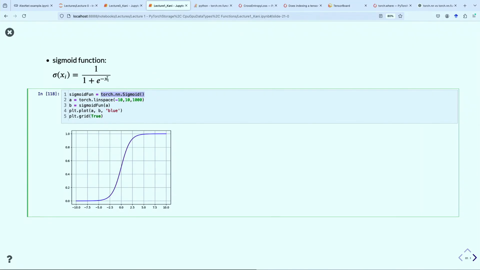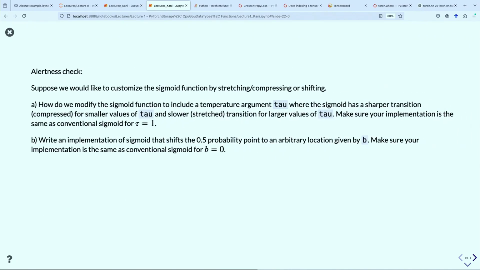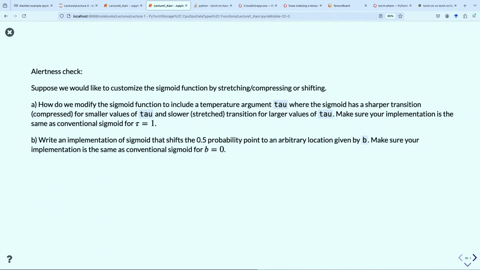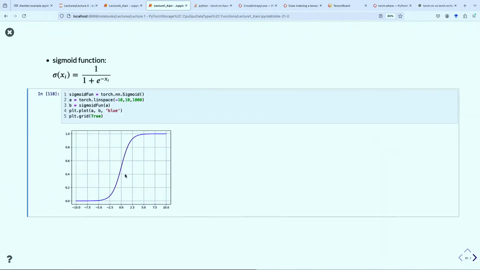I said that in reverse, but you probably are following and understand what I'm saying. Let's try to modify this sigmoid function. The sigmoid function is centered around 0.5, and people try to modify this function to shift this 0.5 value.